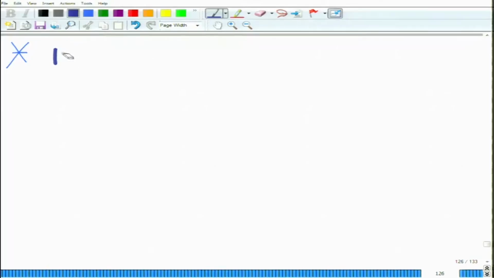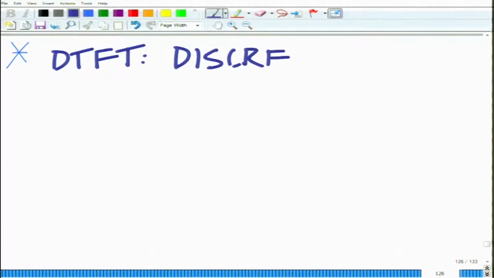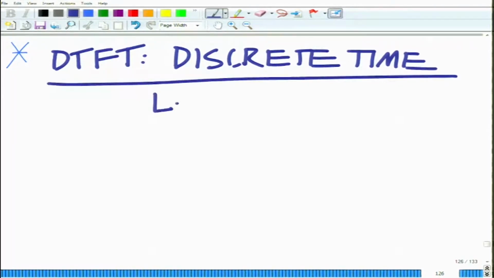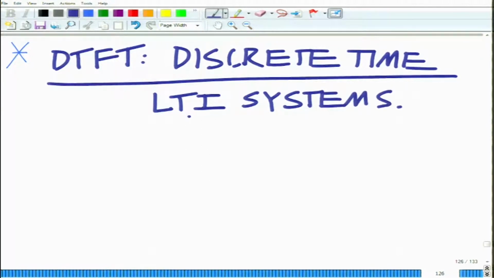Okay. So, we intend to discuss the application of the DTFT to discrete time LTI systems in particular.